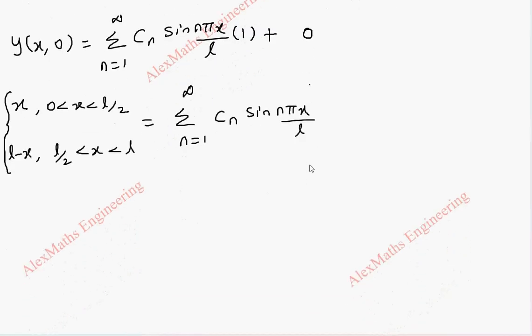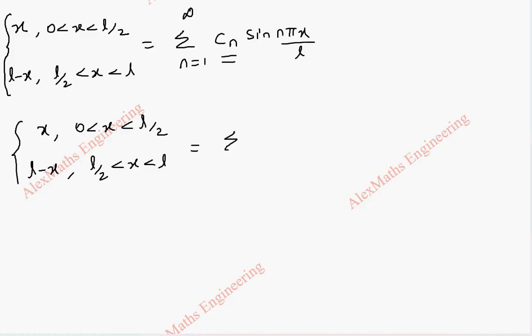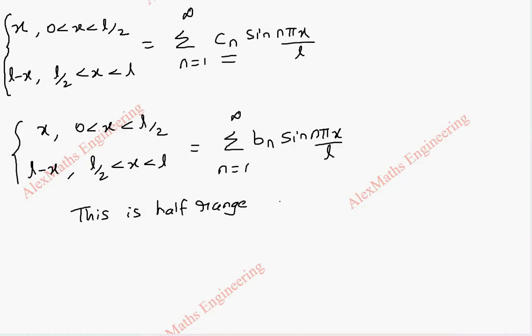Now this is the half range sine series. I can replace this as Bn. So we have x when 0 less than x less than L by 2 and L minus x when L by 2 less than x less than L. This is summation n is equal to 1 to infinity, let's take Bn into sin n pi x by L. So this is half range Fourier sine series.